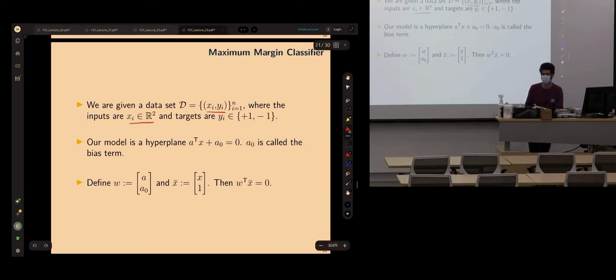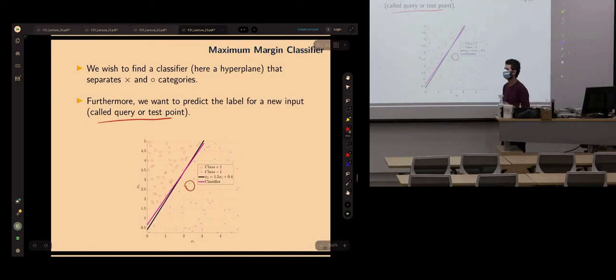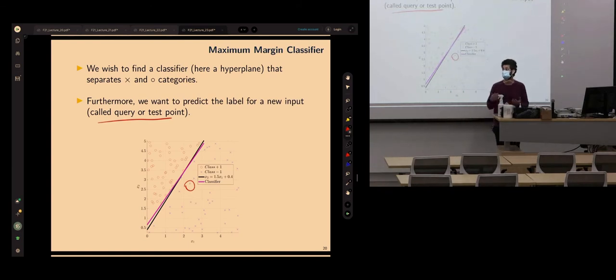X, in this case, is a 2D vector, right? The location of these points is the input. The output is the label, whether it's blue cross or red circle.